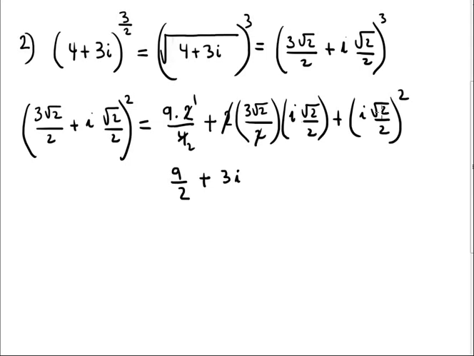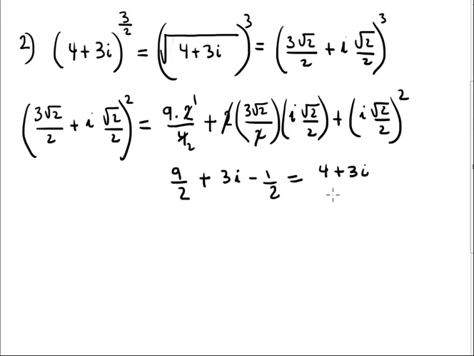And this is -1, i squared. This is 1/2. That's a -1/2. So we have 9 over 2 minus 1/2 is 8 over 2 is 4. 4 plus 3i. It's obvious.